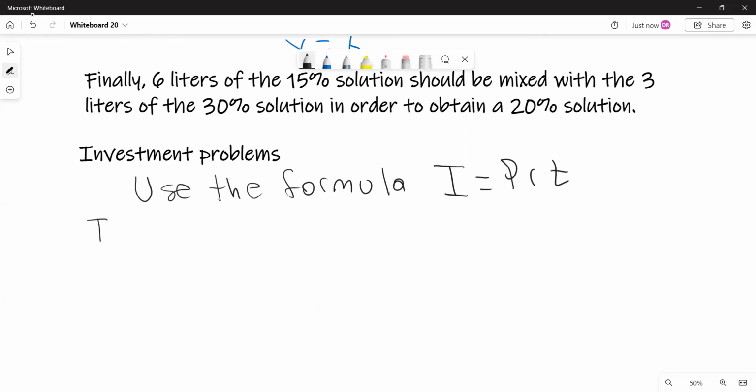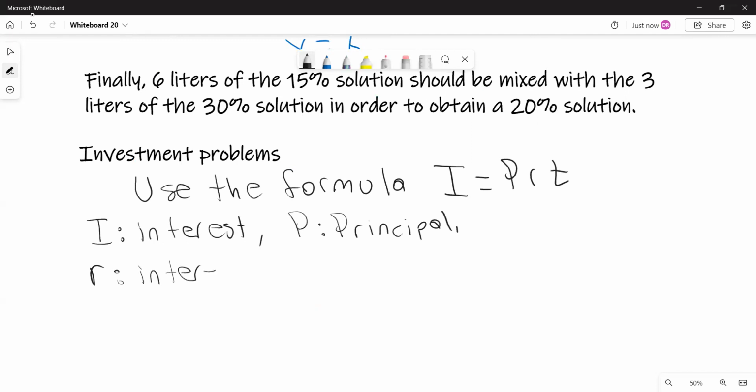I is interest. P is the principal or initial deposit. R is the interest rate. And T is the years after initial investment, so that's going to be time in years.